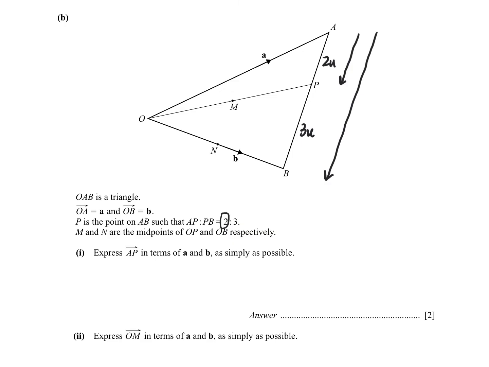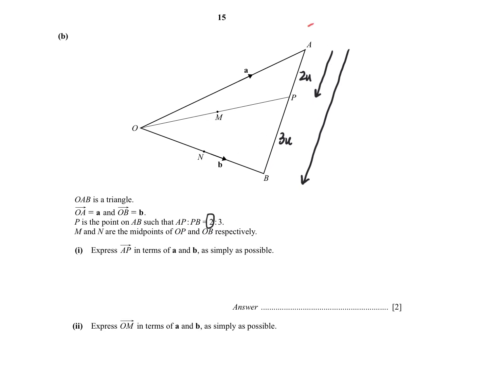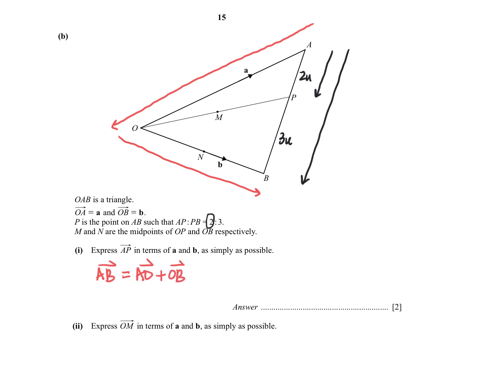To move from A to B is the same as moving from A to O first, and then from O to B. So AB is AO plus OB. AO is the opposite direction of A, so it's negative A. OB is in the same direction, so it's just B.